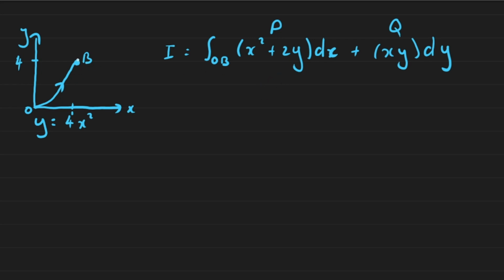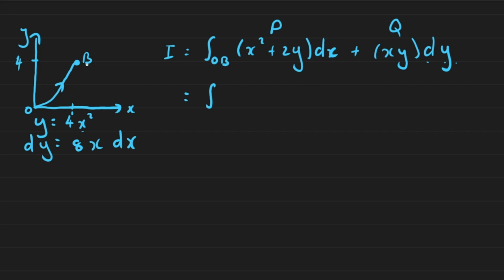So between these two points, the curve is y is equal to 4x squared. So that means that dy is equal to 8x dx. So we simply substitute dy inside our line integral, and 4x squared where we have y. And of course our integration variable is x, since we are making x the subject of our integration.